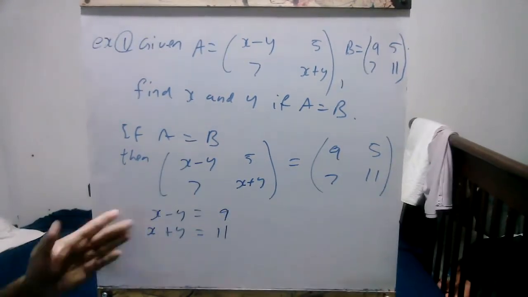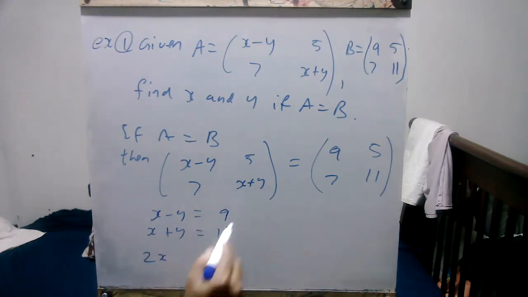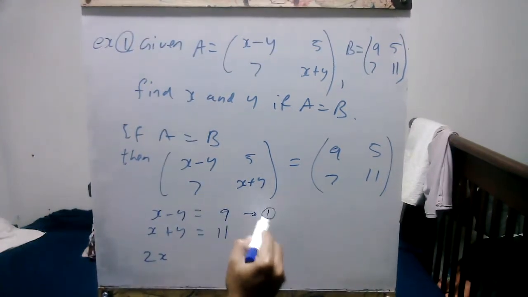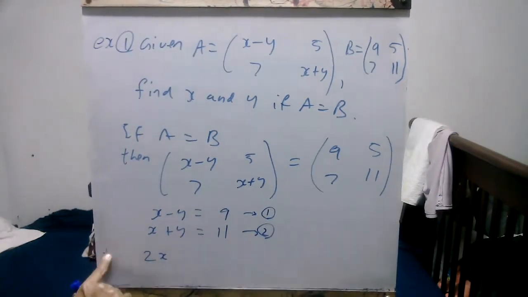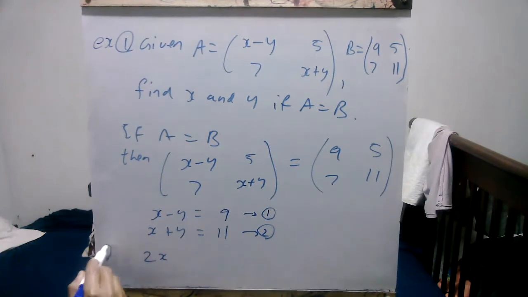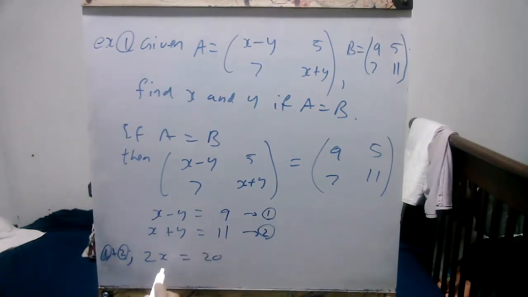Right? Now we can solve these two, a system of equations. Say this is 1 and this is 2. If we add them, 1 plus 2 gives us 2x equal to, these two cancel out, 20, and x equals 10.